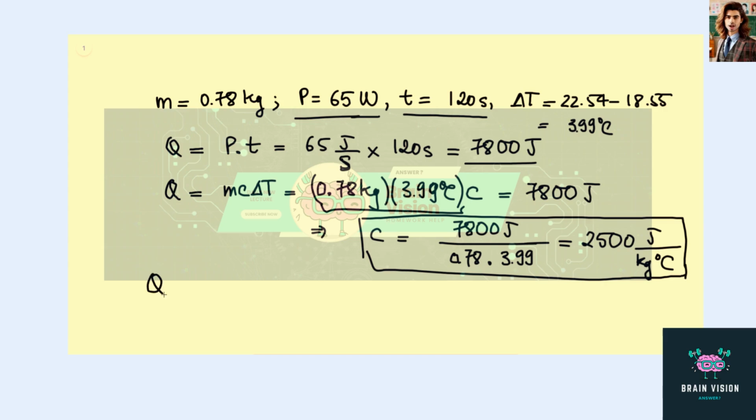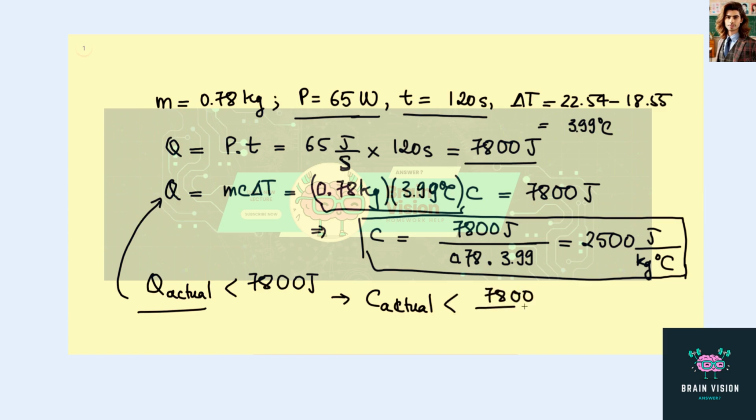So Q actual is going to be smaller than 7,800 joules. And if we put this back into this equation, then the actual heat capacity will be smaller than 7,800 divided by 0.78 times 3.99, and so it's going to be smaller than 2,500.